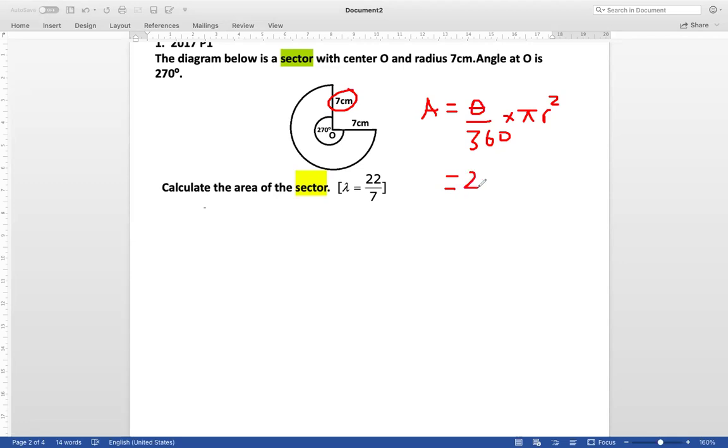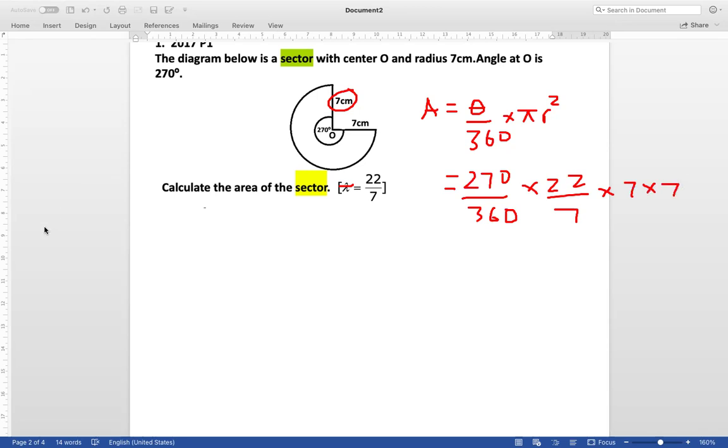So the angle is 270 over 360, multiplied by pi, which is 22/7, multiplied by the radius, which is 7 and 7.